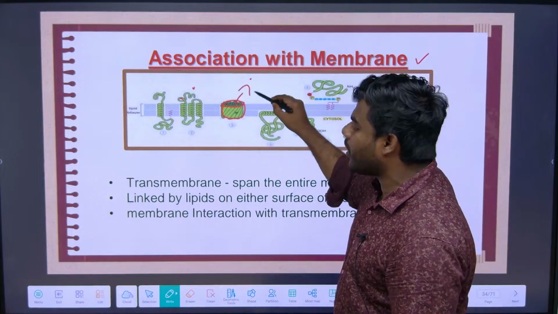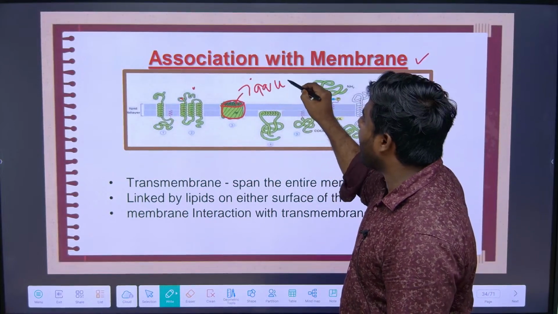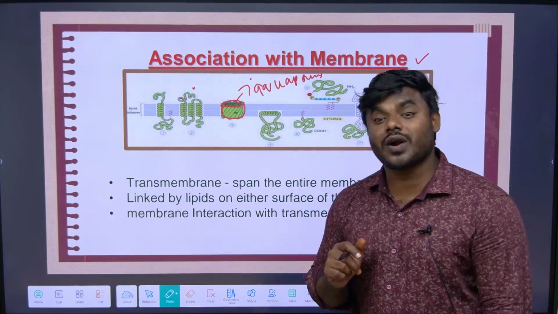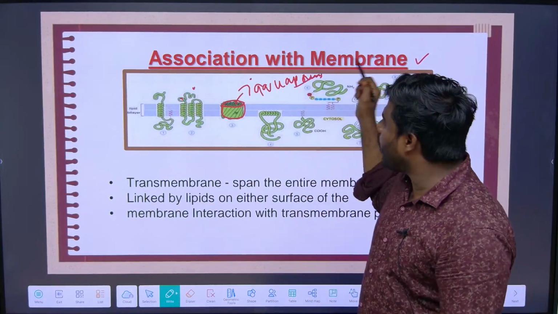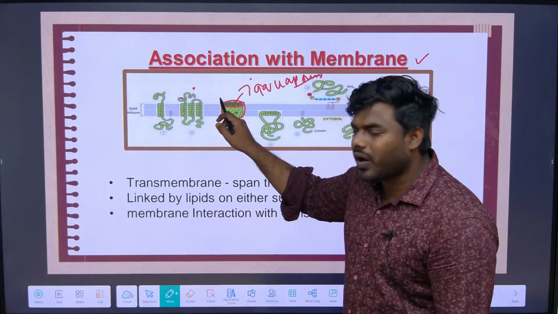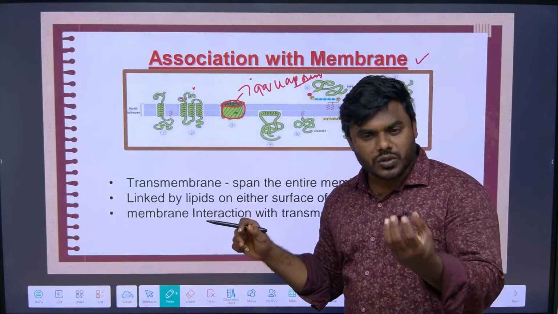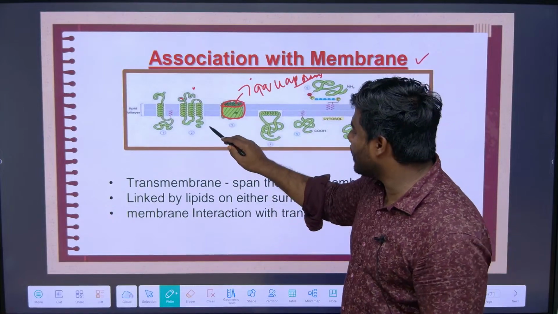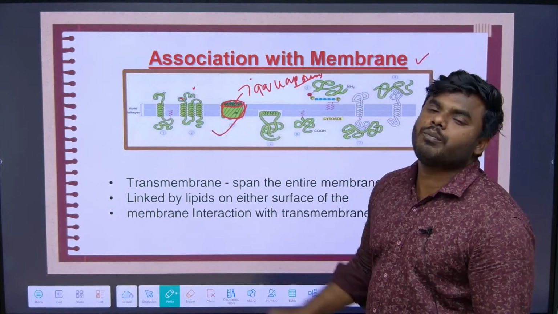The best example you can give is aquaporins. Correct, na? What are aquaporins? Water channels. Why do we call it a pore? Because all the transmembrane proteins come close together, they can form a channel or a pore-like structure. That's why we call them aquaporins.